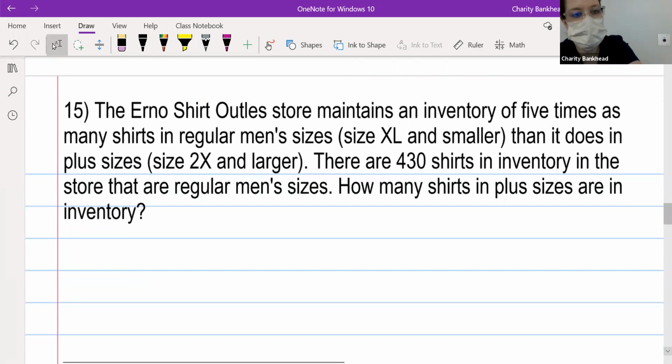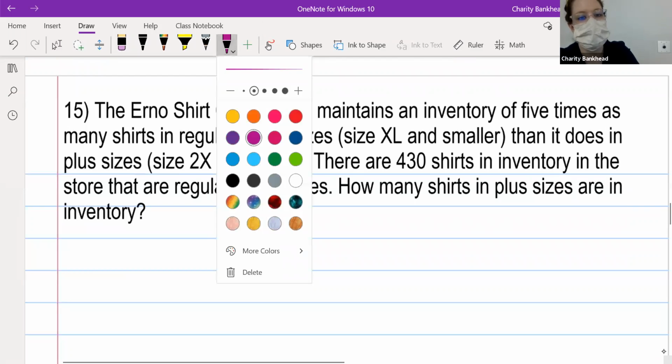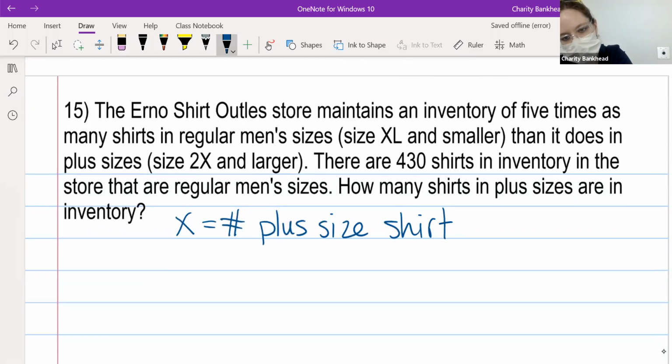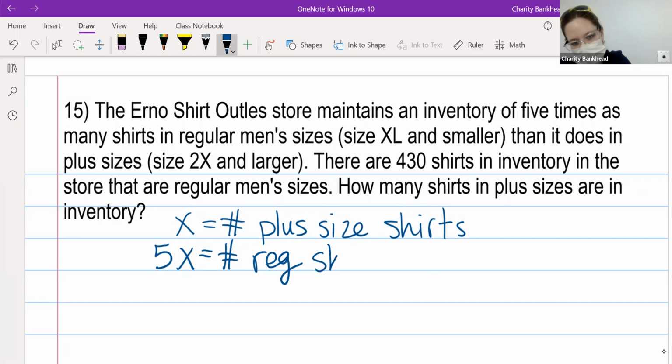So they want to know the number of the plus size shirts. So let's have X represent that. And it says that they maintain an inventory of 5 times as many of the regular. So 5X would equal the number of regular. And then it says there's 430 regular ones.